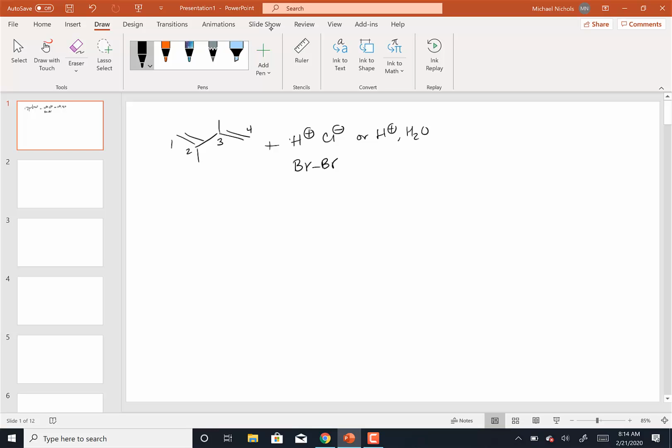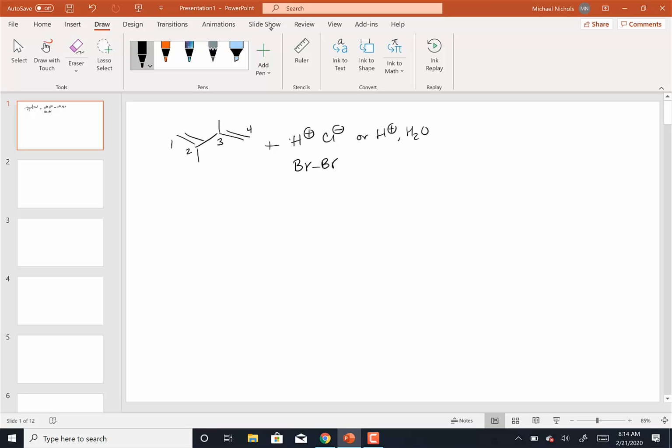Remember, this is an easy organic class. I'm not going to make it that complicated for you to have to choose which one or write all of them. So it will be symmetrical, and it won't matter whether I write 1,2 or 1,4 from left to right or right to left.